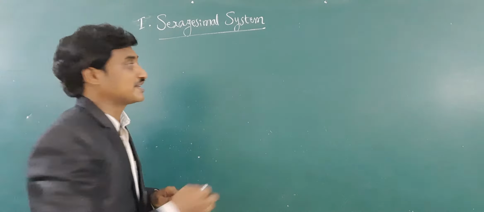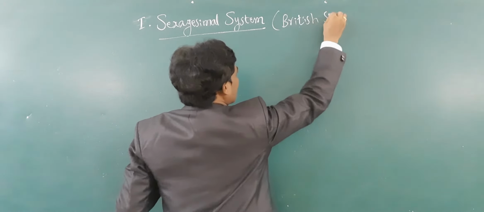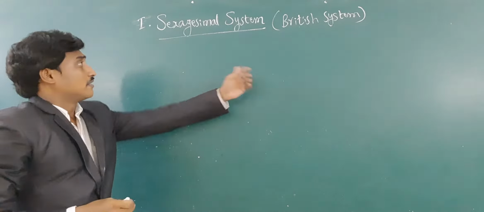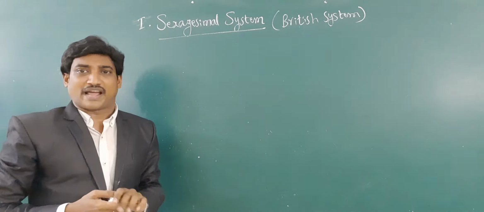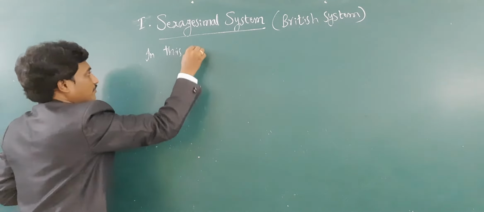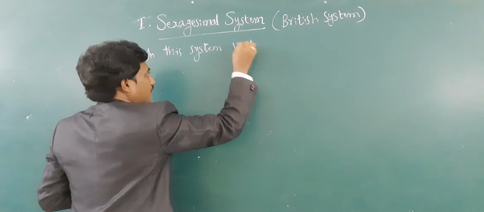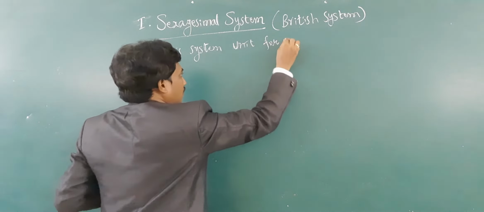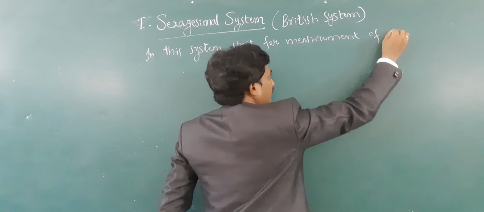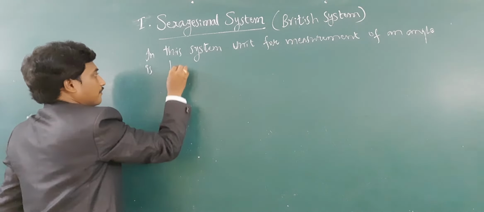Sexagesimal system is also called the English system or British system. In the sexagesimal system, the unit for measurement of an angle is degree.